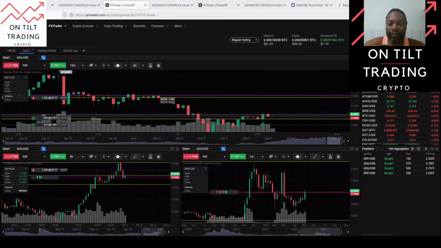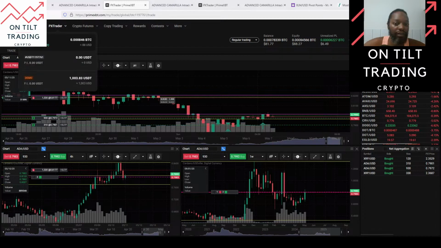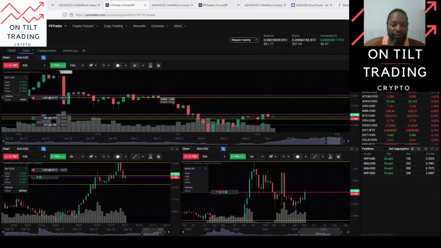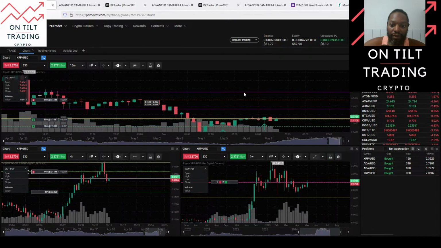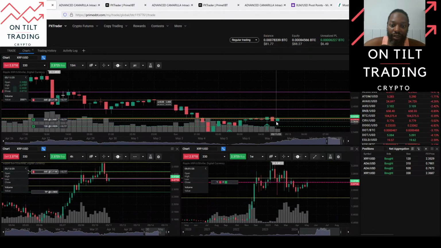And then if we can get a candle to close up here within the S4, S3 range, that would be really good. And then let's see how we're looking currently on Ripple. So Ripple is a little lower.